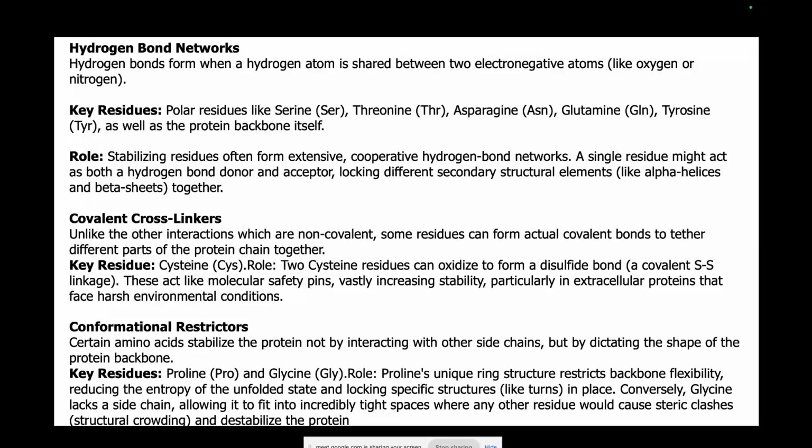Conversely, glycine lacks a side chain, allowing it to fit in incredibly tight spaces. Glycine is the smallest amino acid, allowing it to fit in incredibly tight spaces where any other residue would cause steric clashes and destabilize the protein.